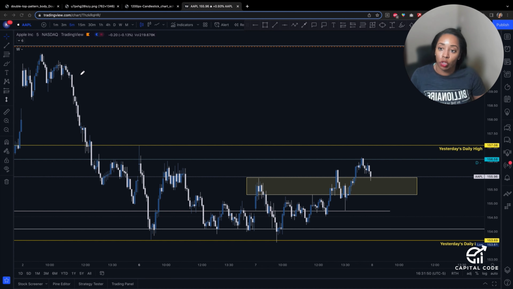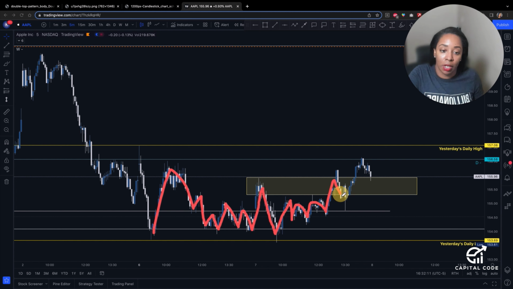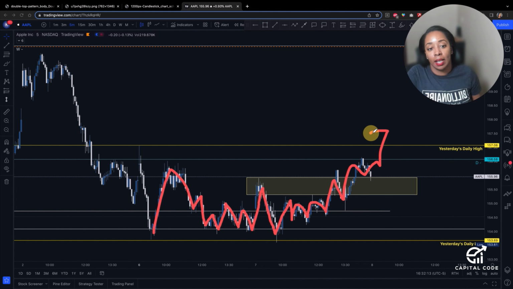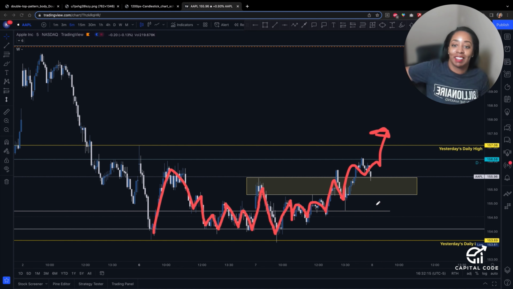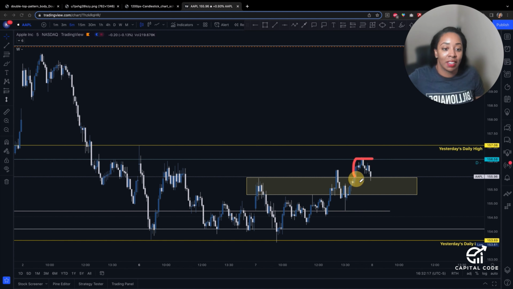If the overall trend is down, the only way the price could potentially reverse is if the price breaks above the highs of this downtrend. So you can see here, it broke here, and then it continued to go up, up, up. And who knows where it will go, because basically this was today.